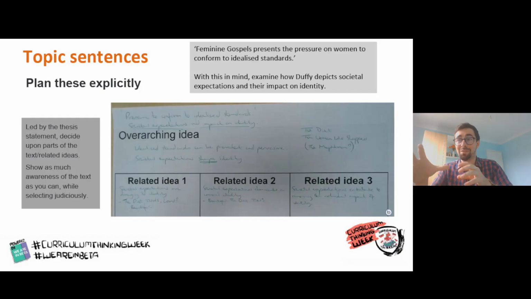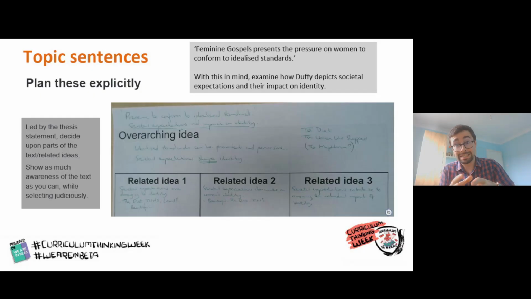You'll be able to see, if you have a good close look at the 3 related ideas there, that the first way that we decided that expectations shaped identity was by saying that it was damaging to identity. And a paragraph would follow showing the damage. The second related idea was societal expectations dominating a woman's identity. So it's a difference from damaging, dominating.